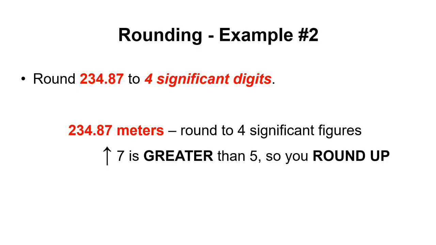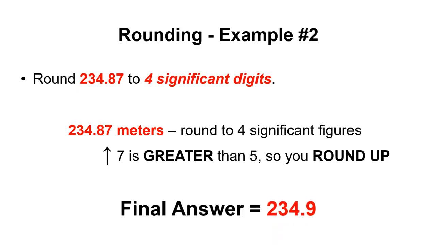You remember the rule? You round up if you are 5 or more. You don't round up if the last digit is 4 or less. Then our answer is going to be 234.9. Rounding up.